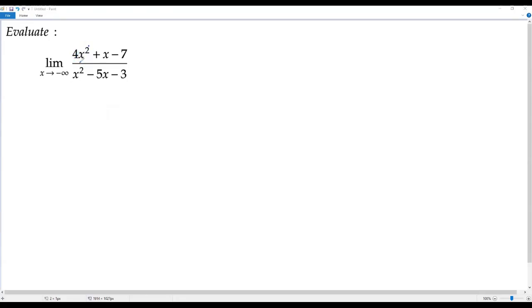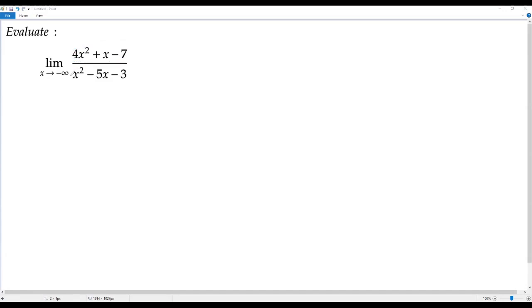We consider this term because it will dominate the values of the rest of the terms in the expression. So for the complete numerator, we get a positive sign.